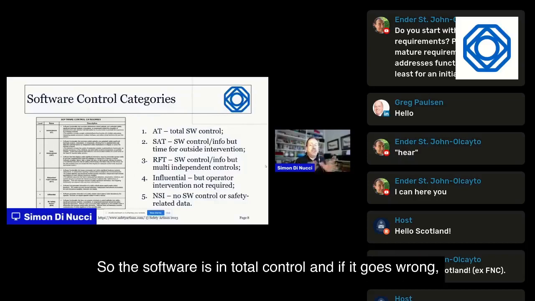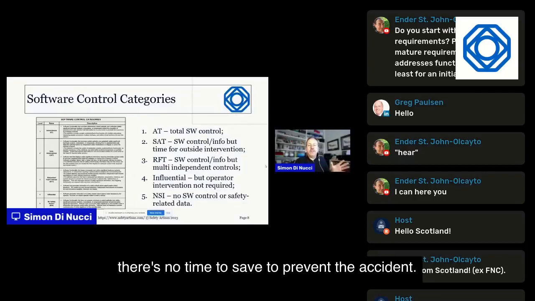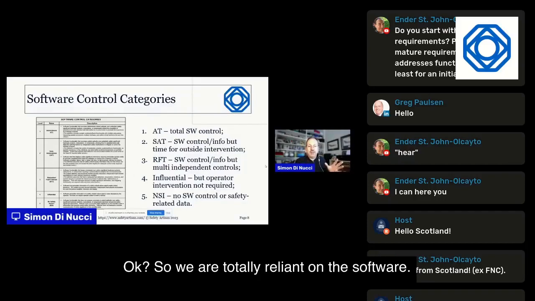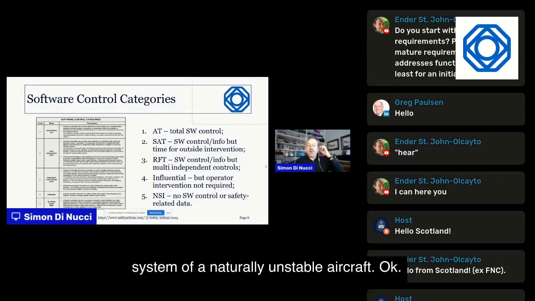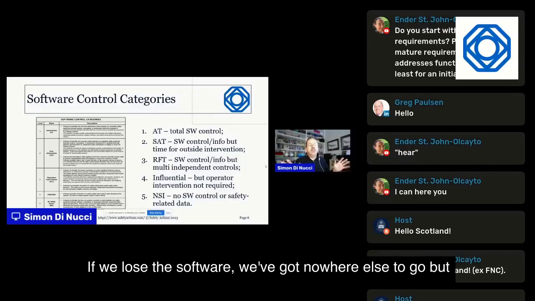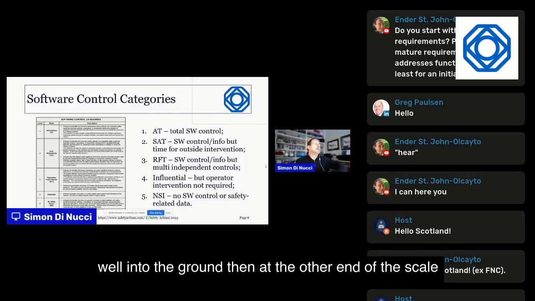The software is in total control, and if it goes wrong, there's no time to save it and prevent the accident. So we are totally reliant on the software, something like the software in the flight control system of a naturally unstable aircraft. If we lose the software, we've got nowhere else to go but, well, into the ground.